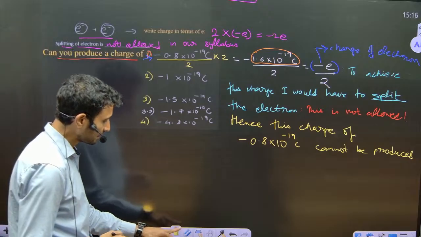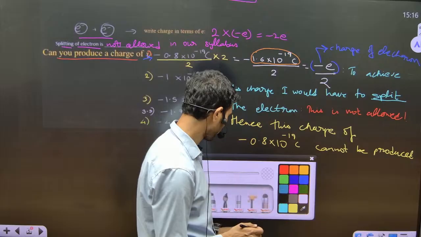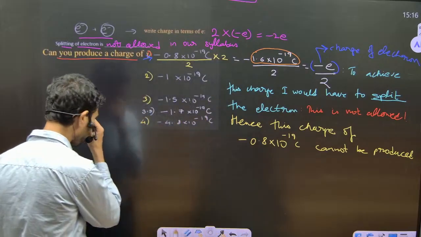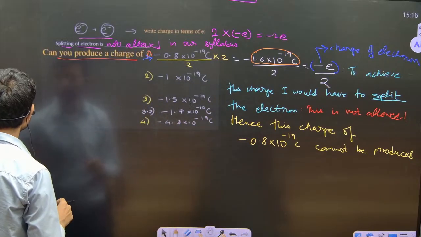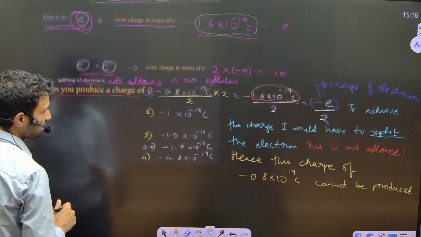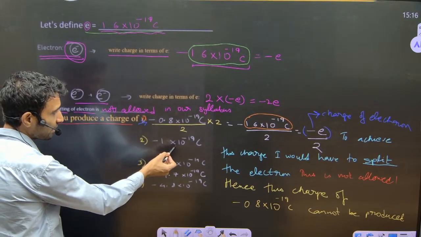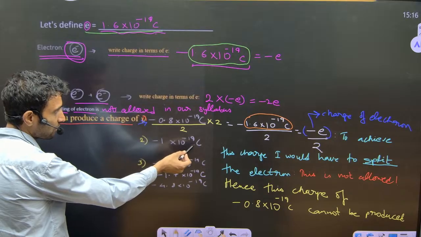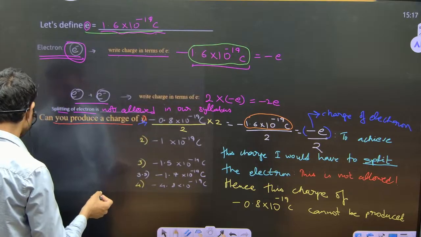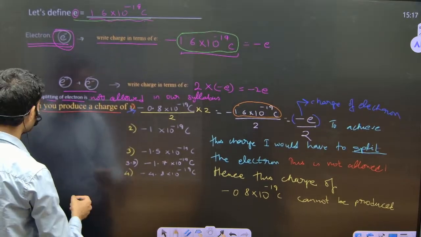So I hope this is clear. Once it is clear, we can take this down. Then we'll move to the second part, and in the meanwhile you kids think about the second part, which is minus 1 into 10 to the power minus 19 coulomb. Can this be produced or not? Think about it. In the meanwhile, you can take this down.